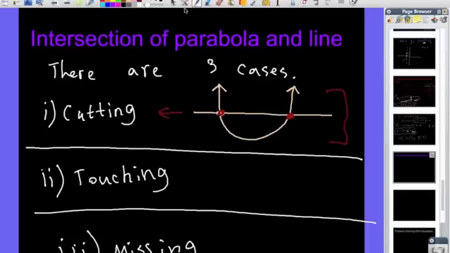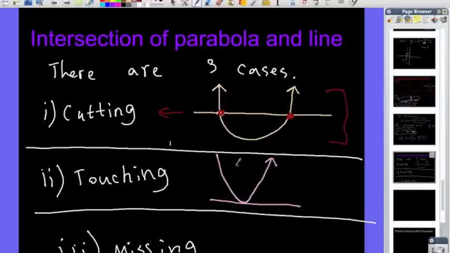But if the graph is just cutting the x-axis with 1 point, see, it's just 1 point, then this case is called touching.